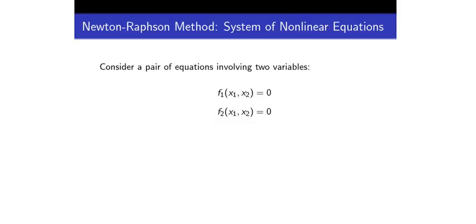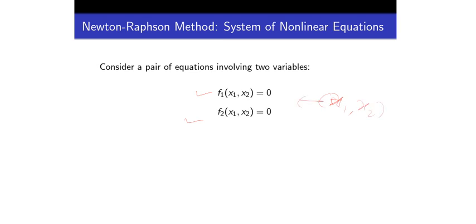Okay, right. So next is another application of the Newton-Raphson method: solving a system of nonlinear equations. Let's take a system of equations involving only two variables, x1 and x2, and you are expected to find the solution x1 comma x2.